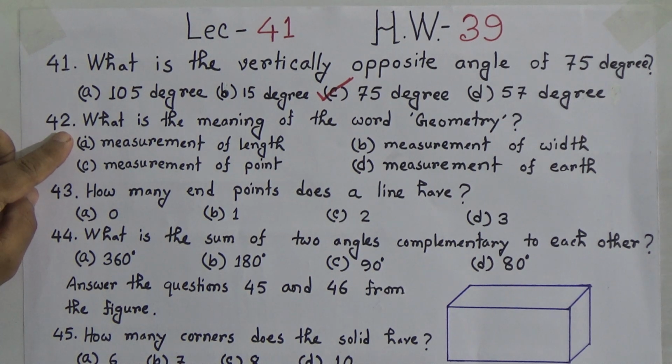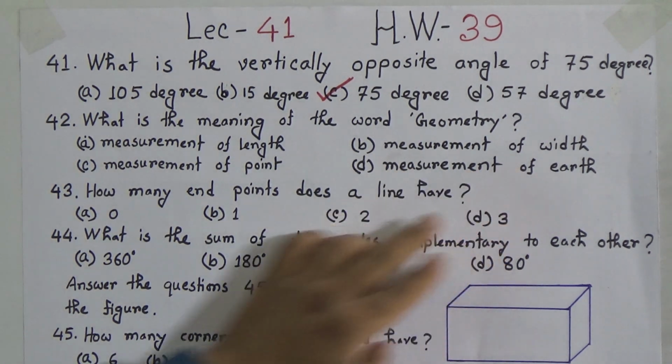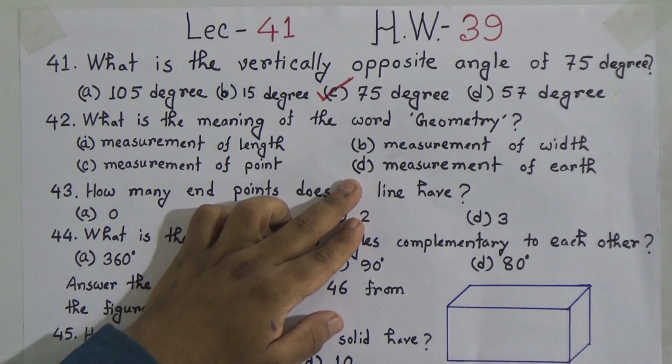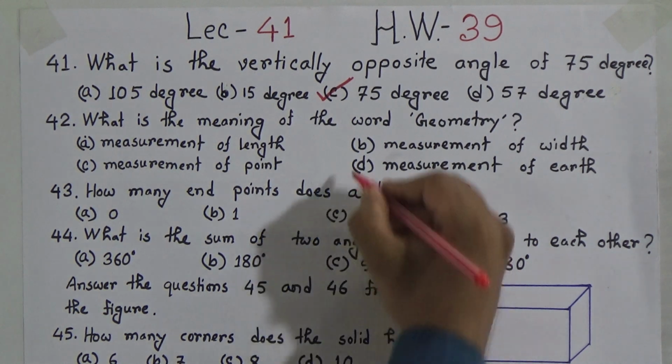The options are measurement of length, option B measurement of width, option C measurement of point, and option D is measurement of earth. Yes, option D, because we can measure anything of the earth from geometry. So our answer will be option D, measurement of earth.